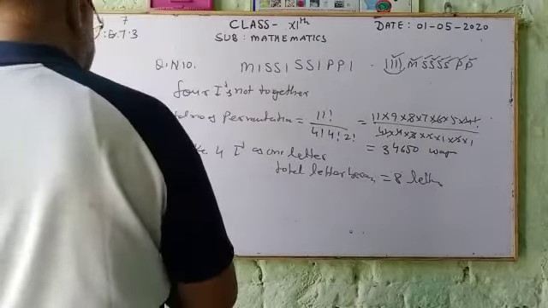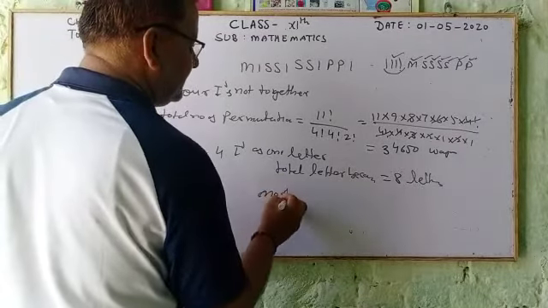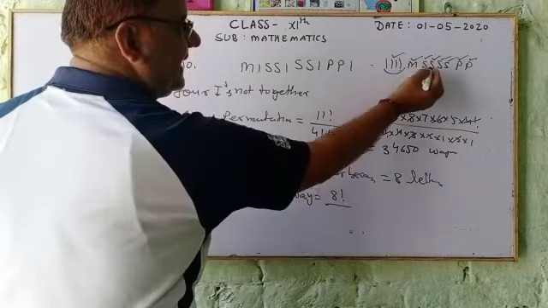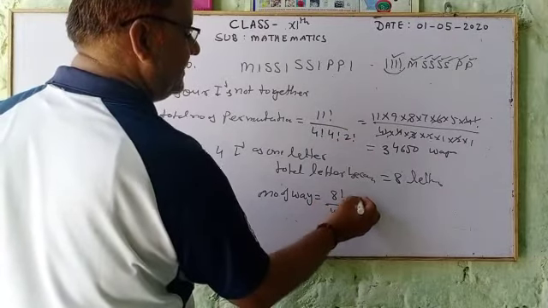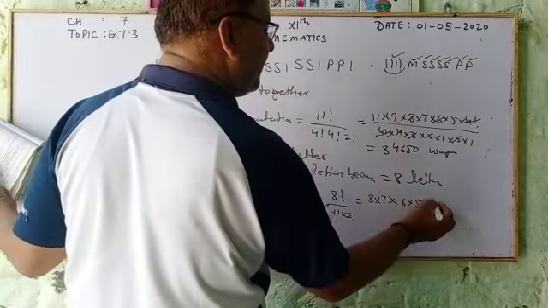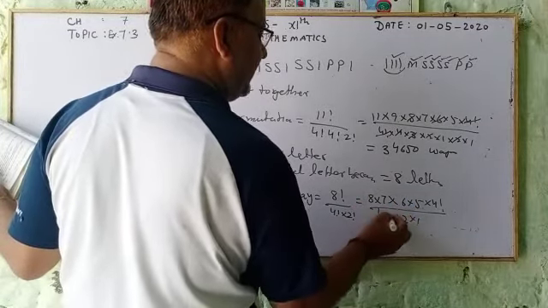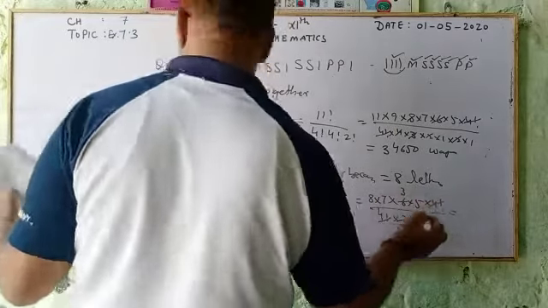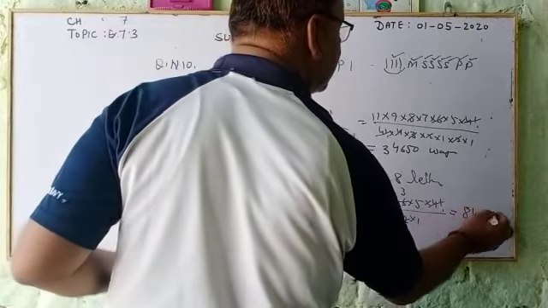And the number of ways to arrange 8 letters is 8 factorial, divided by 4 factorial for S and 2 factorial for P. So 8 into 7 into 6 into 5 into 4 factorial upon 4 factorial into 2 into 1. We cancel out, and after multiplication we get 840 ways.